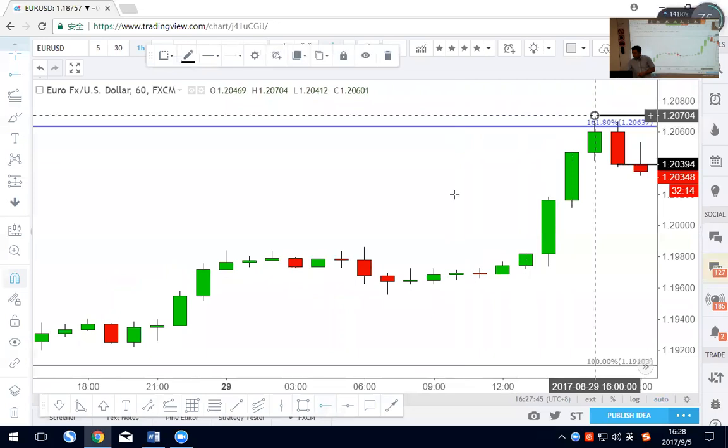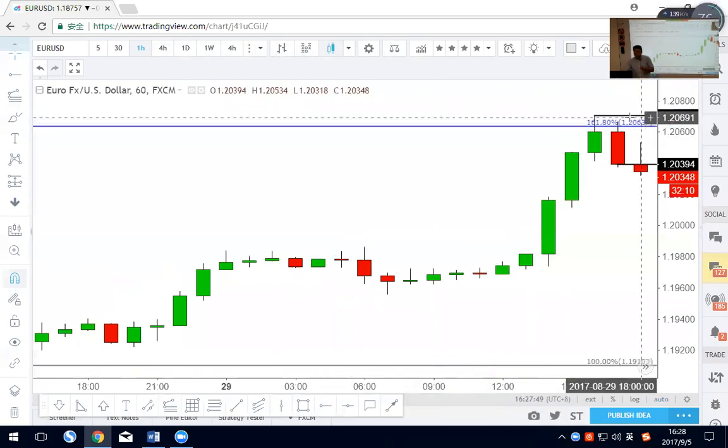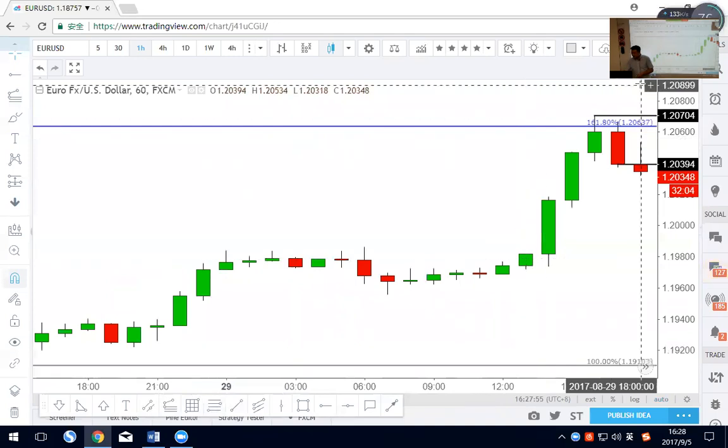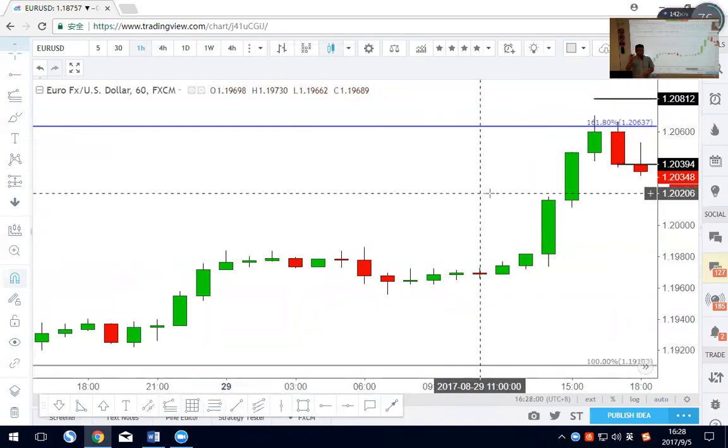So let's measure, it's about 1.2070, right? And typically for a 1 hour chart, I like to add another 10 pips, for a buffer, or we call it breathing room, to prevent the price from shooting a spike, taking our stop loss, and then going back.